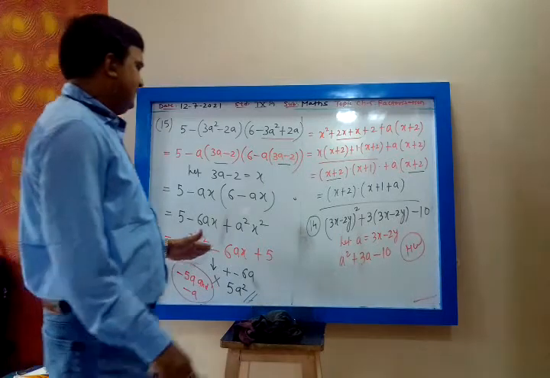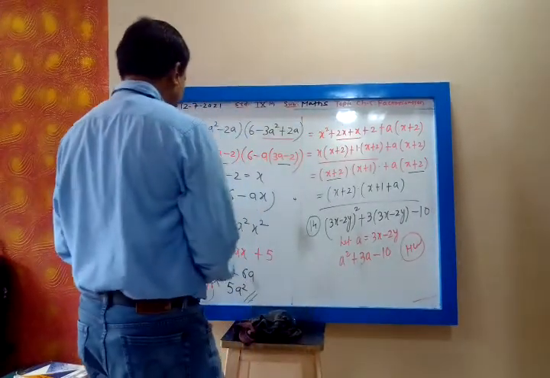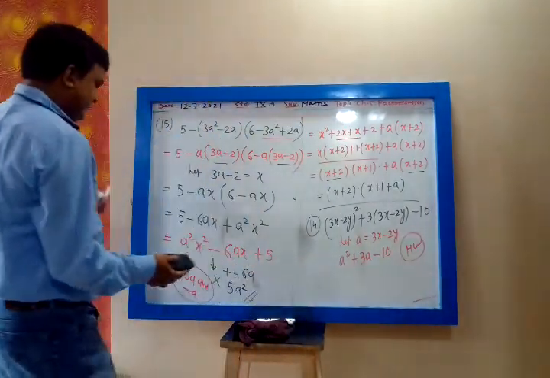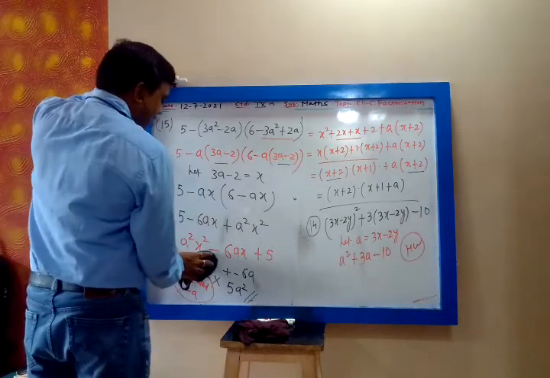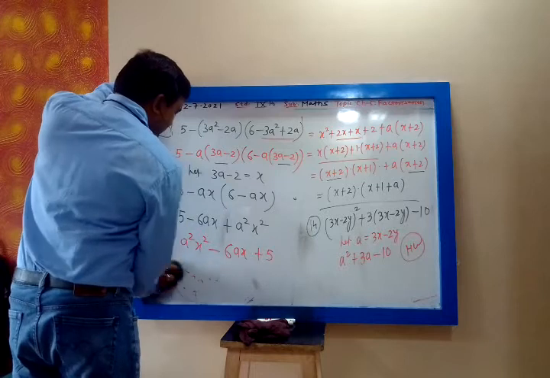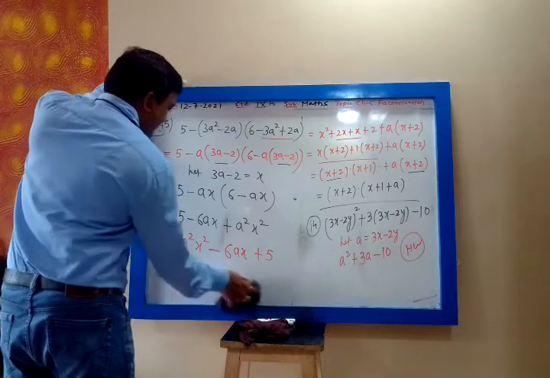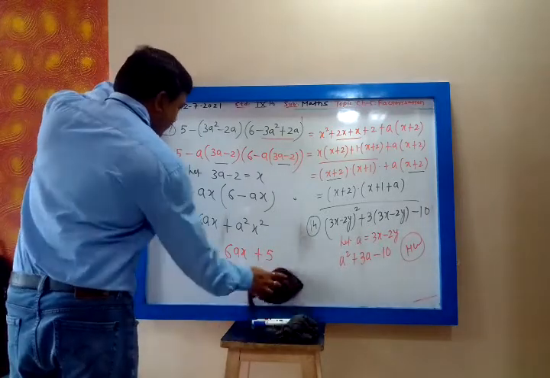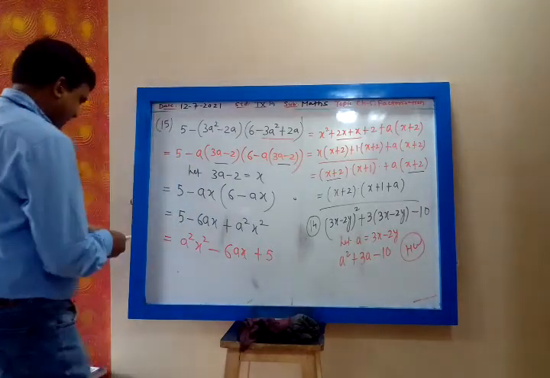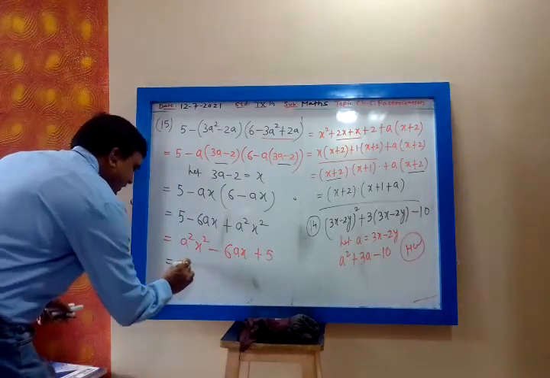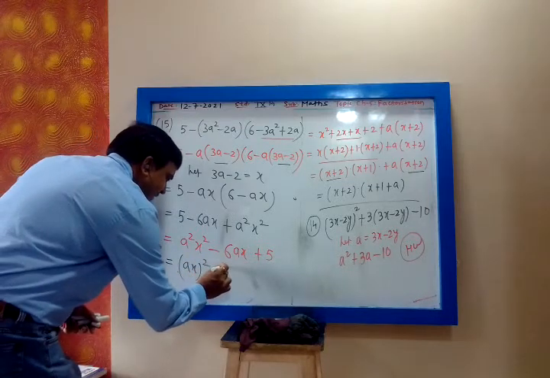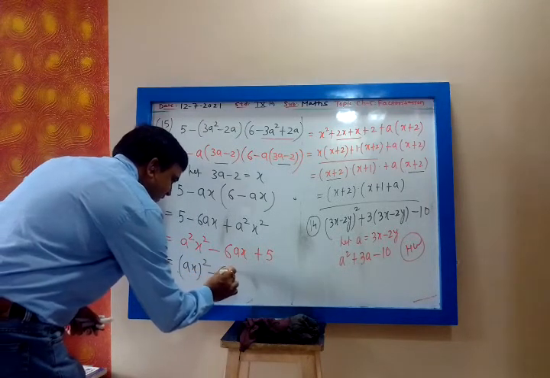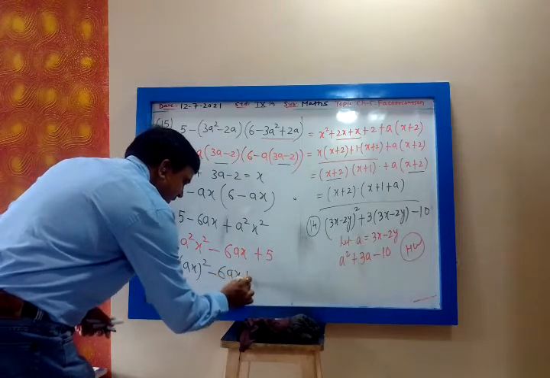Yes, my x is a variable. I have taken it directly. If you are confused, then I have to take one more variable. If you are confused with the variables x and a, then what I will do is write ax whole square minus 6ax plus 5.